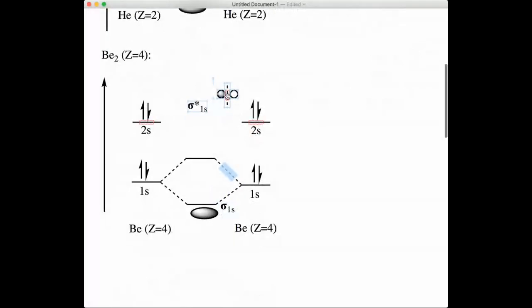Nothing really new whatsoever. And then I'm going to combine the 2s orbitals.